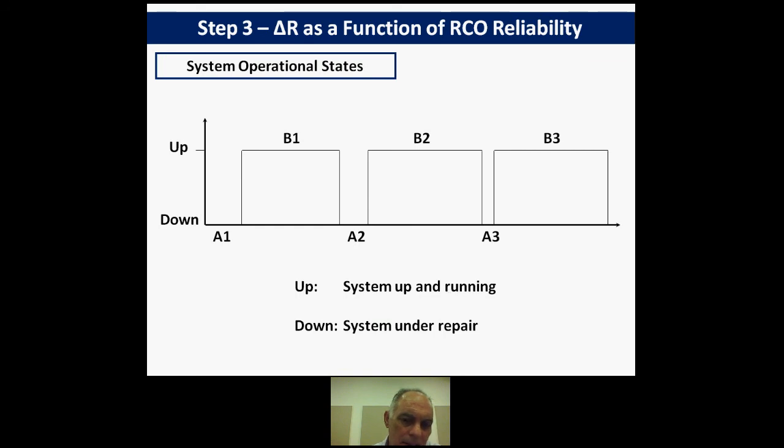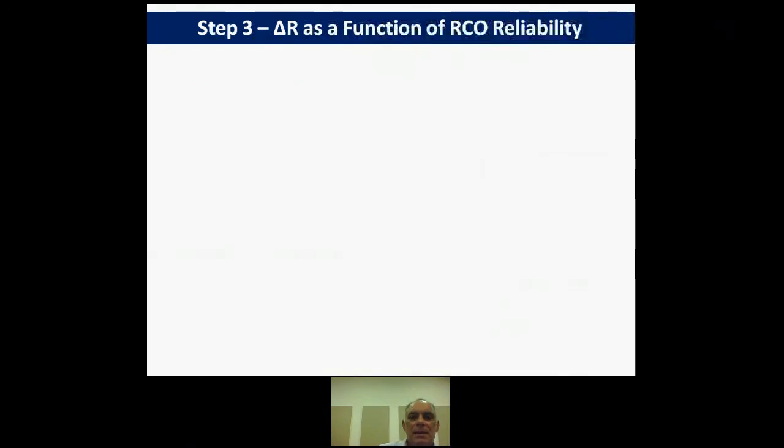And obviously, when the system is down, subject to some sort of fault, it has to undergo some maintenance, so it is under repair. But we can see through this the failure rates, and this is the important part.